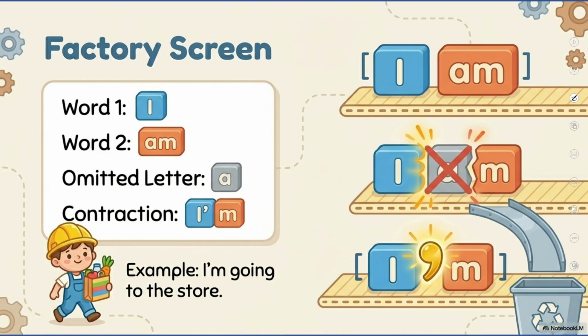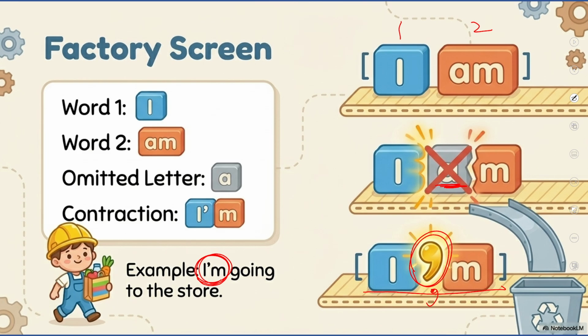For example, if we have I and am, these are two different words. In this case, we remove a and instead of a, we write an apostrophe, and again this apostrophe is not going to be placed on the bottom of the line but above the letter. So now we have made one new contraction, I'm.